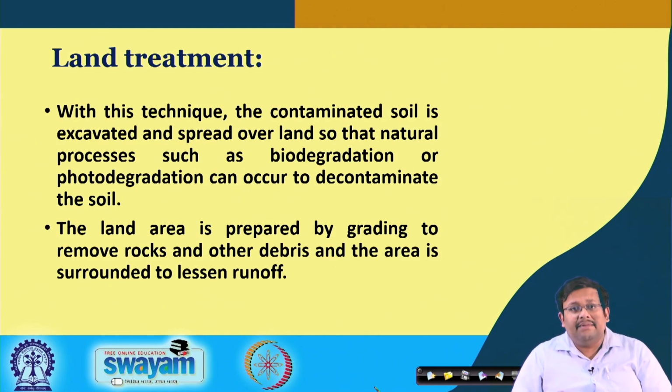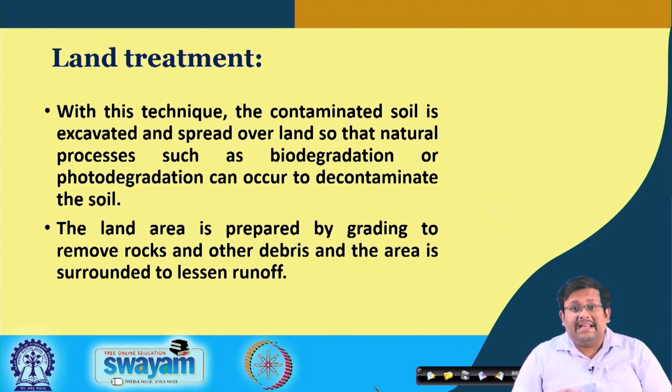Now, land treatment is a technique where the contaminated soil is excavated and sprayed over the land, so that natural processes such as biodegradation or photodegradation can occur to decontaminate the soil. So, basically here the soil is excavated and then kept over the surface, so that it can provide the required area for carrying out the bioremediation process, as well as other decontamination processes.